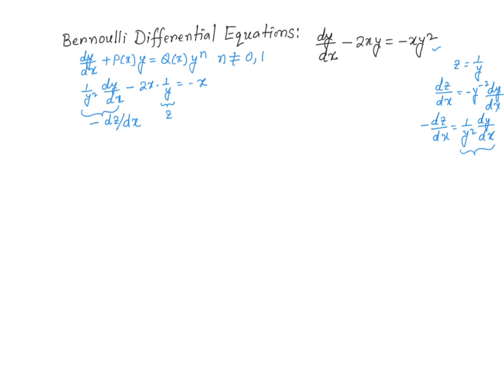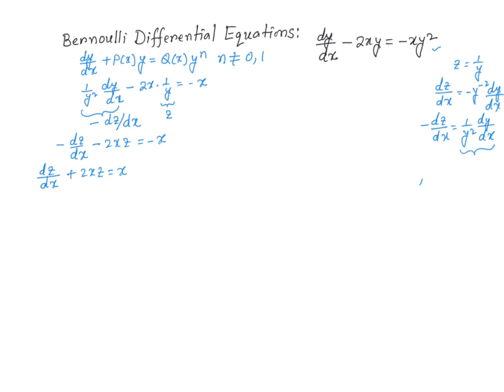Now after doing the substitution, I get negative dz over dx minus 2x times z is equal to negative x. Now if I multiply both sides of this equation by negative 1, I get dz over dx plus 2xz is equal to x. Now this is nothing but a first order linear differential equation that could be solved by using integrating factor.